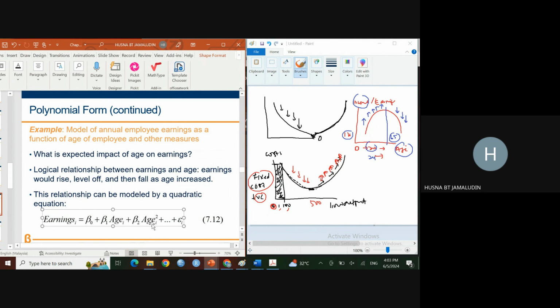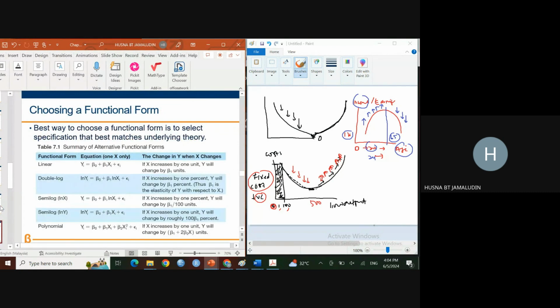If you have only the squared term and it is not up to this turning point, this variable will not be significant. So you have these two variables for measuring the age. This is the best way to choose a functional form.